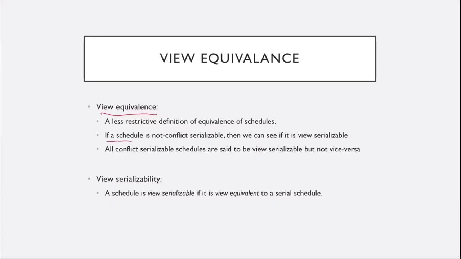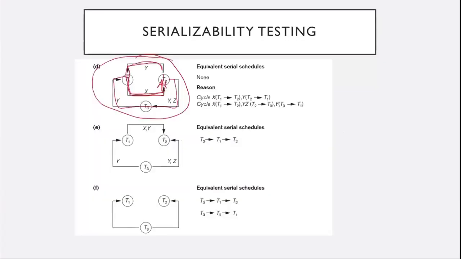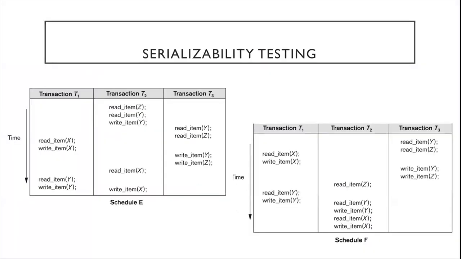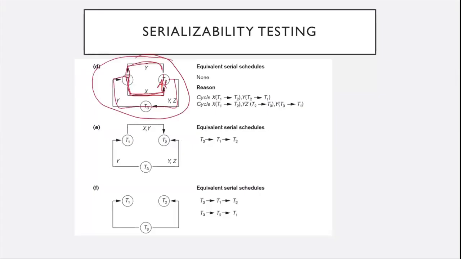So what is the idea behind it? If a schedule is not conflict serializable, then we check if it is view serializable. Already we have seen that this one is not conflict serializable.